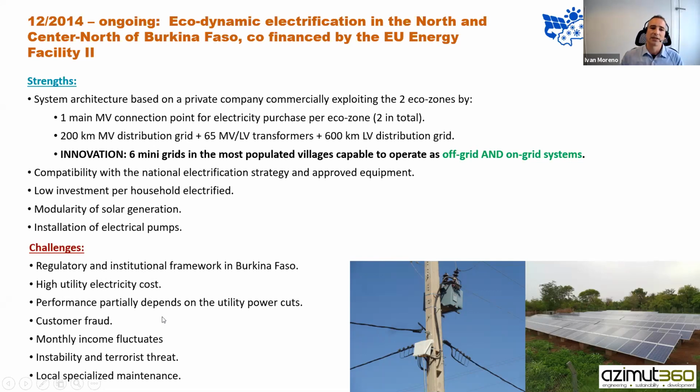We can find here as well customer fraud, and in this case the monthly income fluctuates. Also the instability and terrorist threat in this case. So there are so many challenges in this project, but this is a case of a kind of centralized model.